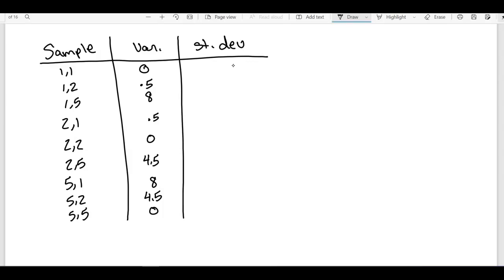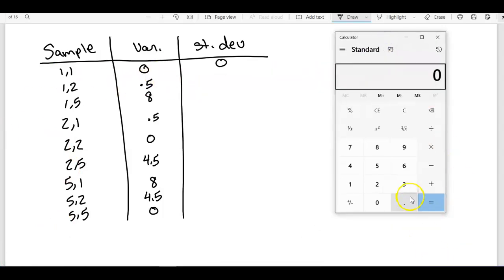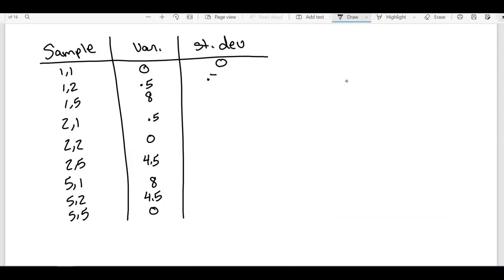So the square root of 0 is 0. The square root of 0.5, if I were to do that in my calculator, so I'm going to have 0.5 and then do square root. I'm going to use 4 decimal places, 0.7071. 8 and take the square root of it.